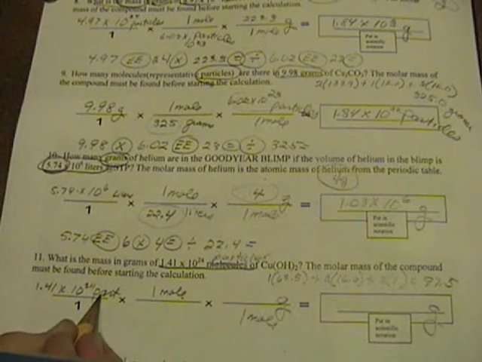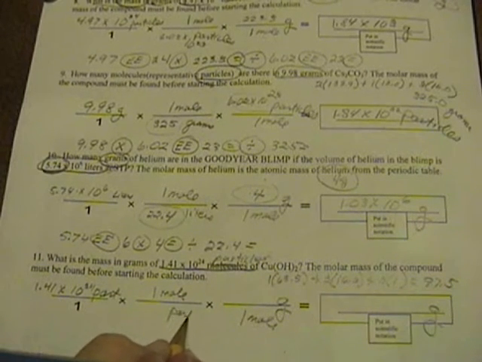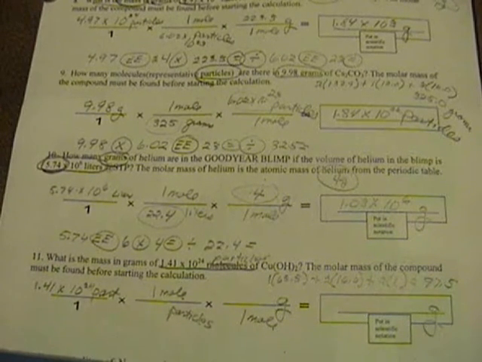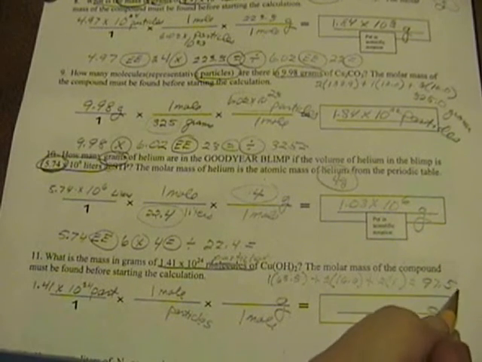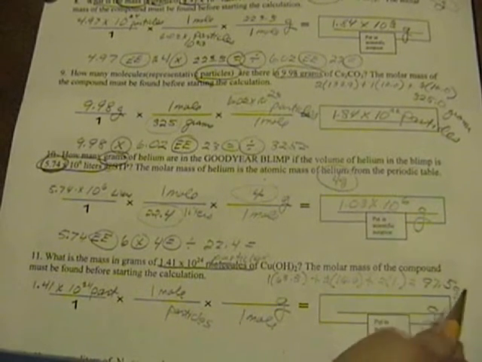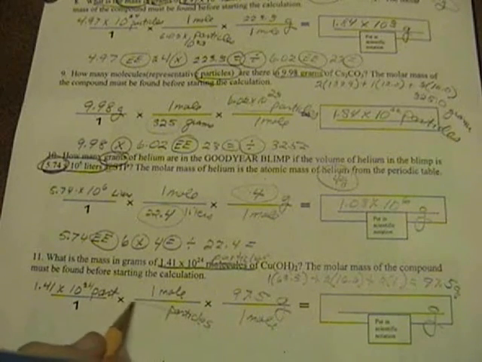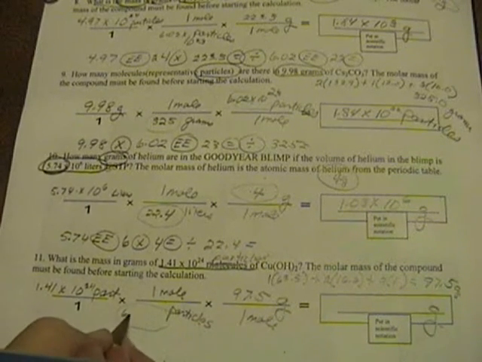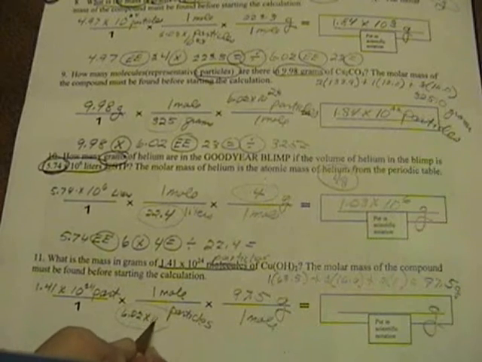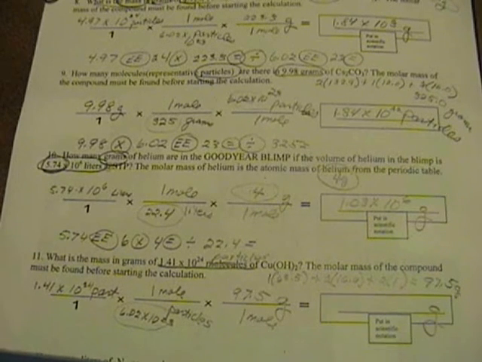Because particles is on top of the first, we want the word particles on the bottom of the second. This was grams. So 97.5 grams is going to go here. And the number always associated with particles is 6.02 times 10 to the 23rd.